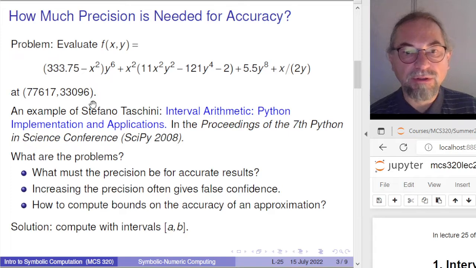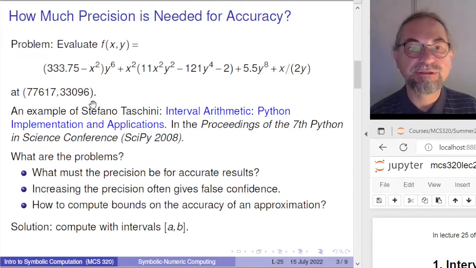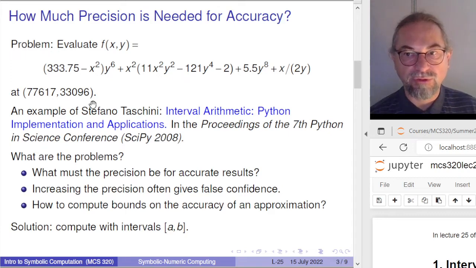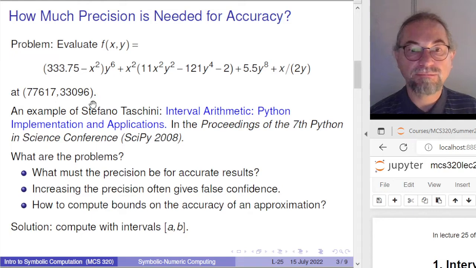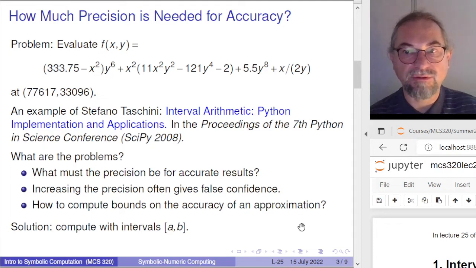too simply not available. What one can then do is increase the precision and hope that when the result does not change much anymore, that then gives you a good impression, a good bound on the error. But for this example, as we will see, that's not really correct.